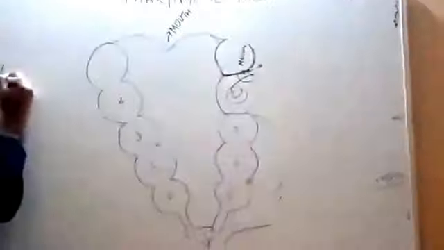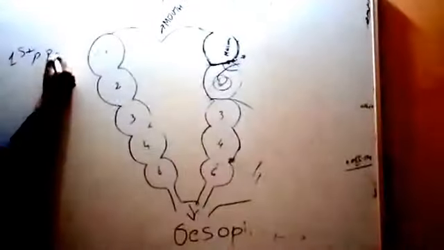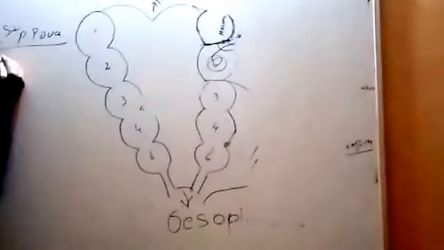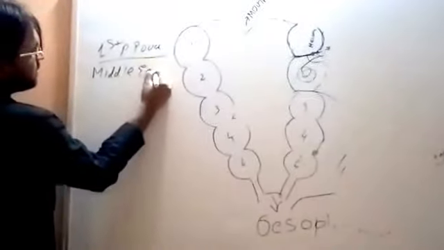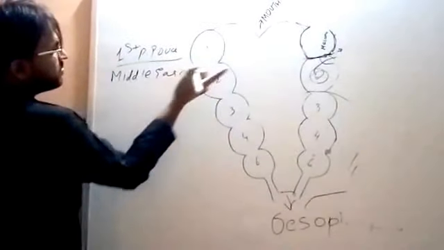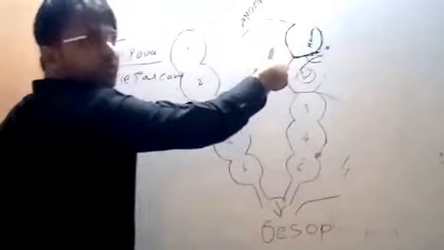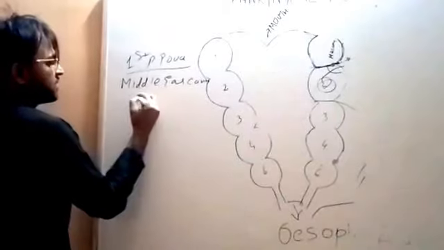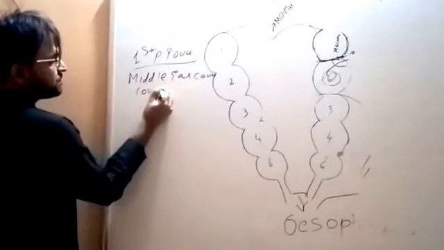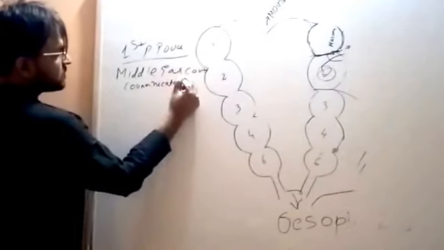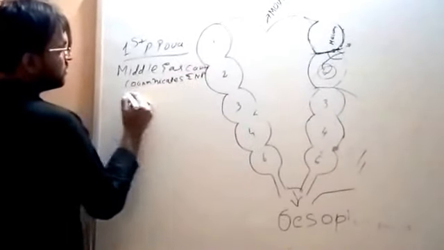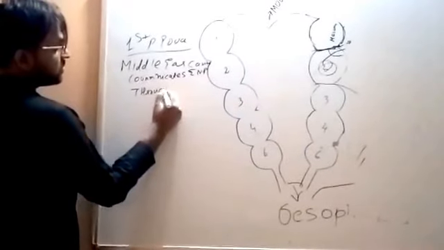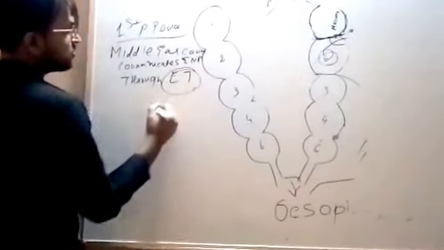As I told you, the derivative of the first pharyngeal pouch is your middle ear cavity, which is medial to the tympanic membrane, and this middle ear cavity communicates with the nasopharynx through the eustachian tube, and the eustachian tube is also a derivative of the first pharyngeal pouch.